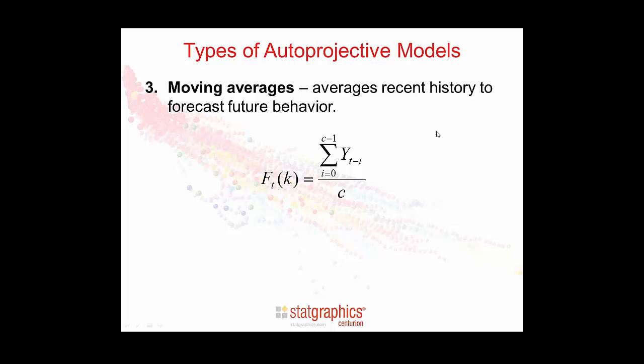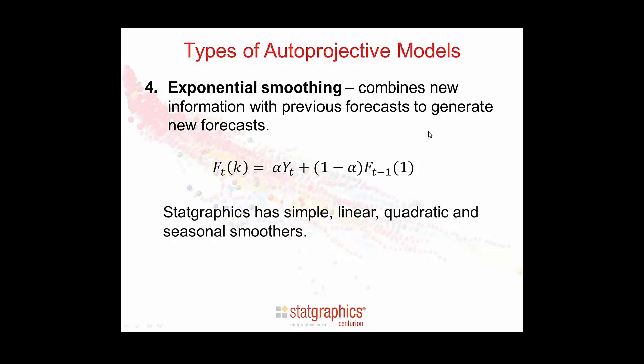Now, that's in contrast, though, to exponential smoothing. Exponential smoothing is actually a very useful forecasting procedure in which you basically combine the new information that you have at time t with the previous information that you've collected before time t.